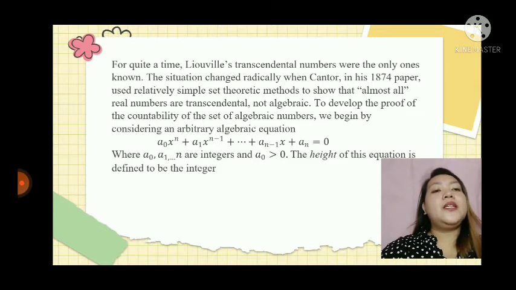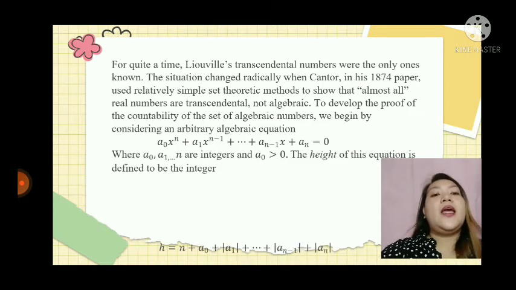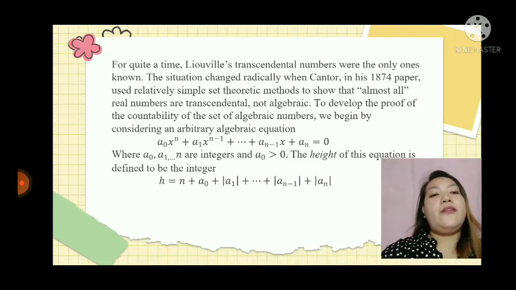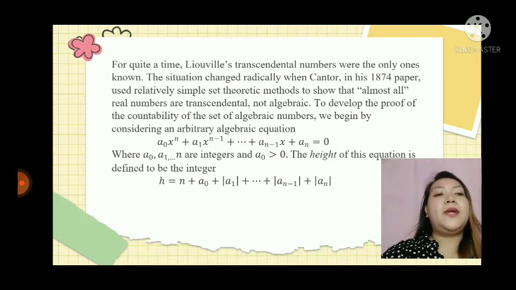The height of this equation is defined to be the integer h = n + a_0 + |a_1| + ... + |a_(n-1)| + |a_n|.